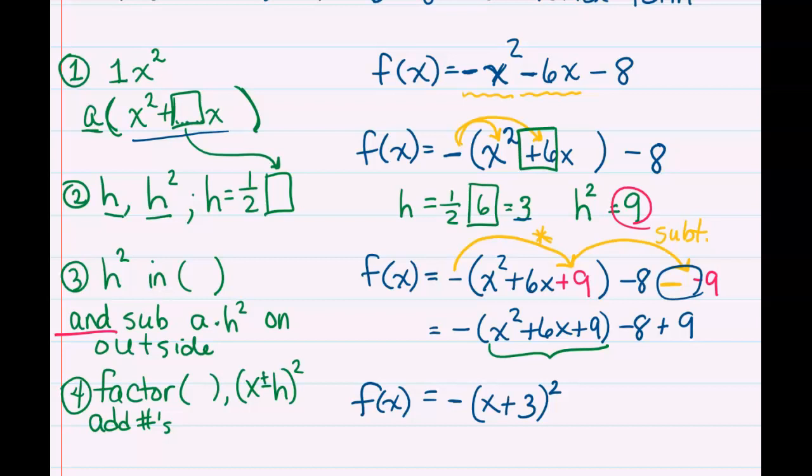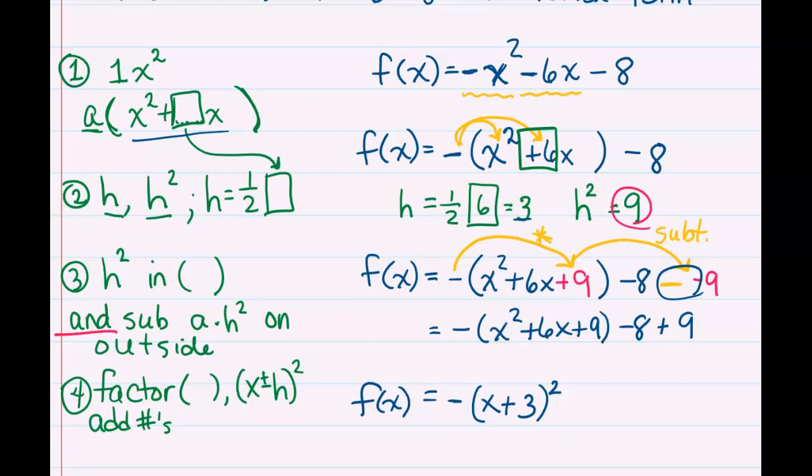I'm just going to do a quick memory here, that this means x plus 3 times x plus 3. And when I multiply it, do FOIL or whatever you do, you're going to see that you're going to get x squared when you multiply x times x. You're going to get 9 because you're going to multiply 3 times 3. And on the inside you have 3x and another 3x. That's where that 6x is coming from. So we have factored it correctly.